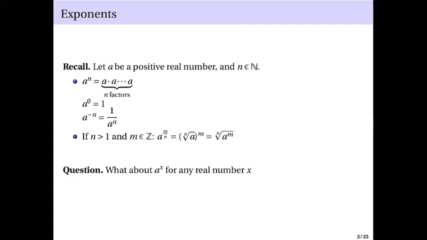So the question is, what about a to the x for any real number x? In particular, what if x is an irrational number? Because in here we have the integers and then we have the rational numbers. So the remaining set from the set of real numbers that is not being considered is the set of irrational numbers. So what now if we have x to be irrational?